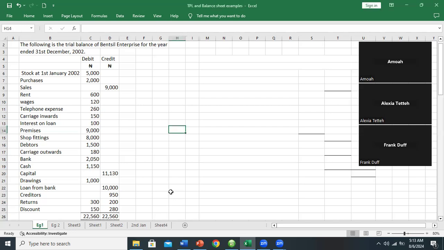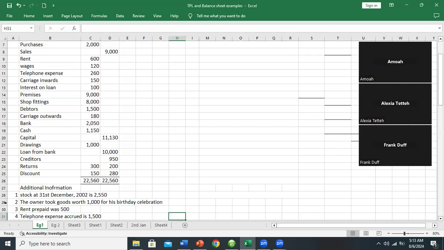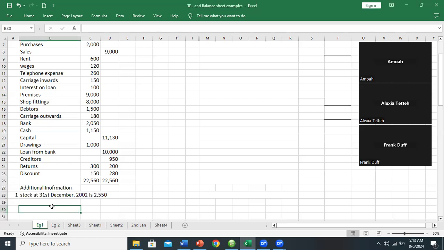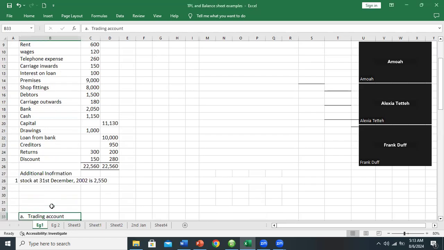Balance brought down for debit side, 22,560 naira. Credit side, 22,560 naira. So the balances are equal. Therefore, the trial balance is correct.